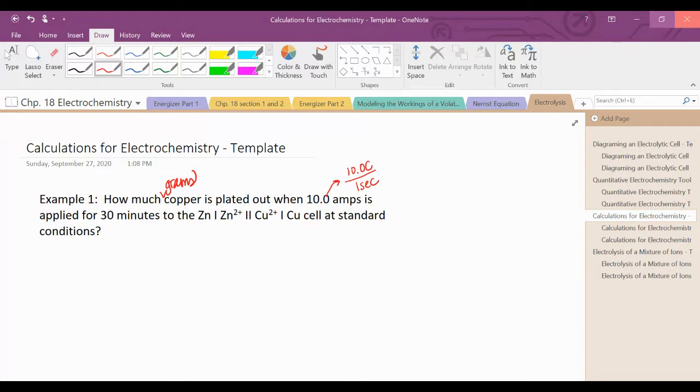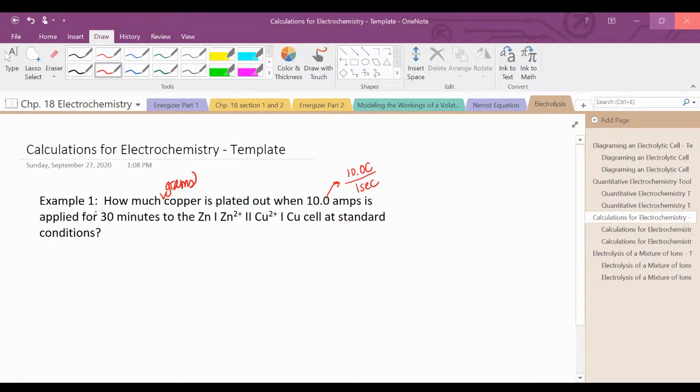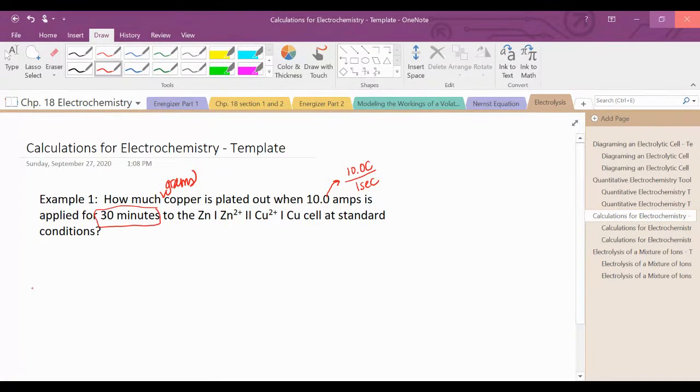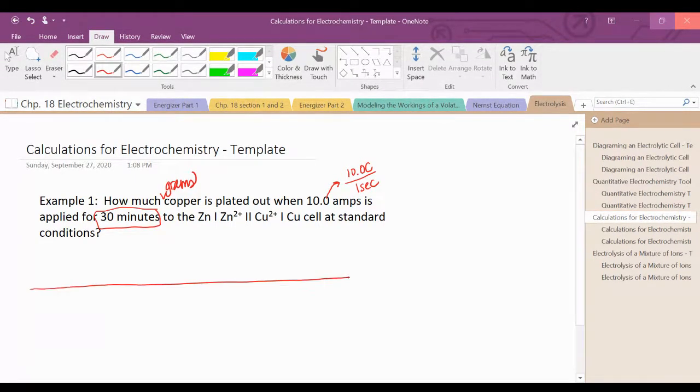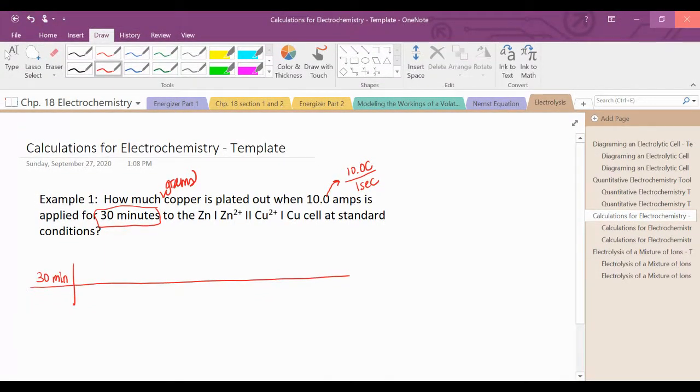So if our 10 amps is my derived unit that we're going to use as a conversion factor, it means my given is this 30 minutes. So we're going to put our 30 minutes to start with. Now, we have to be able to use this amps.